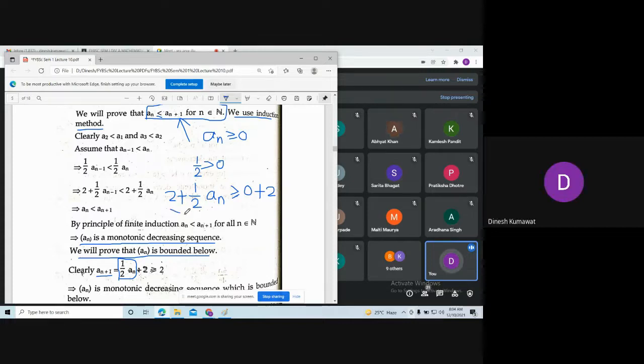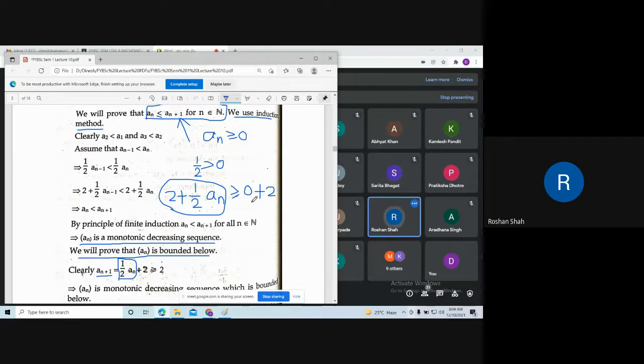So what is the lower bound for this sequence? Five by two? Is it 5 by 2? Is it 3 by 2?